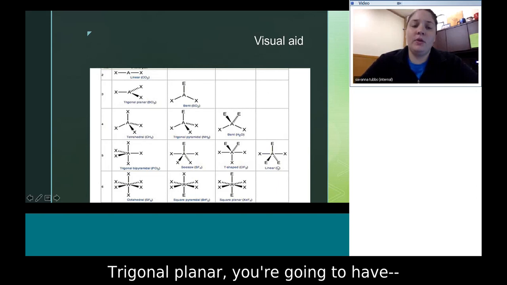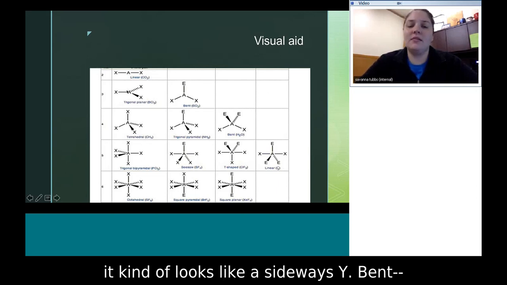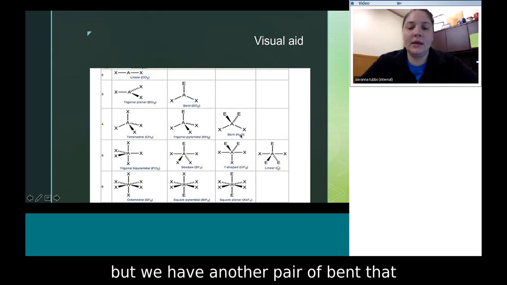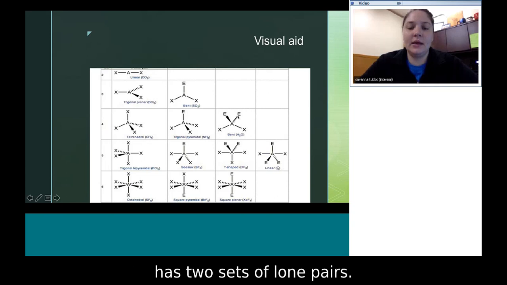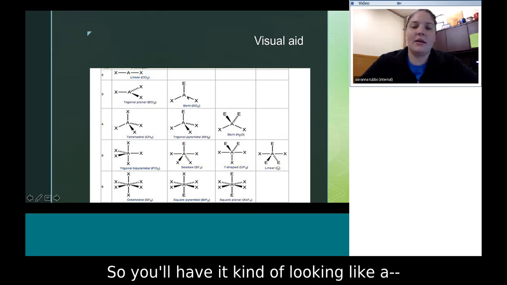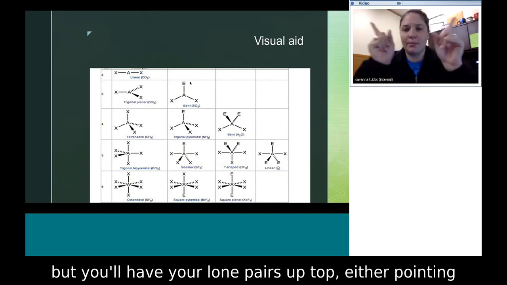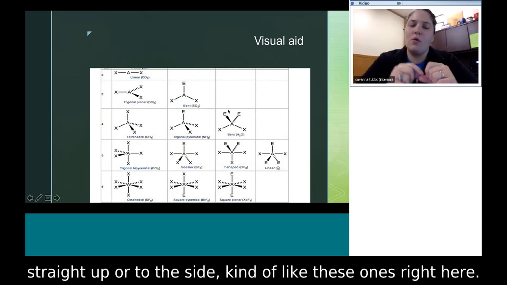Trigonal planar, it kind of looks like a sideways Y. Bent, some of them will have the lone pair right up here, but we have another bent that has 2 sets of lone pairs. The elements themselves will be bent, but you'll have your lone pairs up top, either pointing straight up or to the side, kind of like these ones right here.